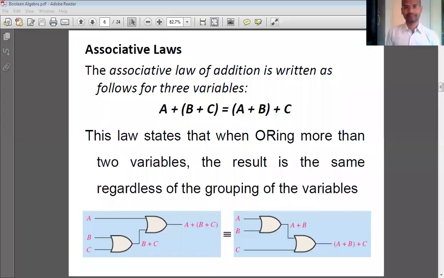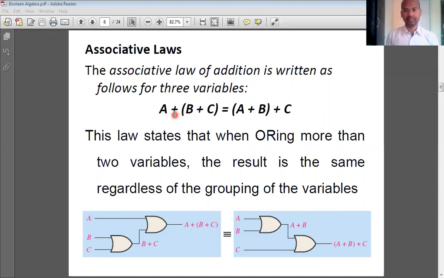Next, let's start with the associative law. What it says is, if you have three variables to be added, in what order do we add them? Let's see, if you have three variables to be added, meaning ORed. A, B, C are the variables to be added.